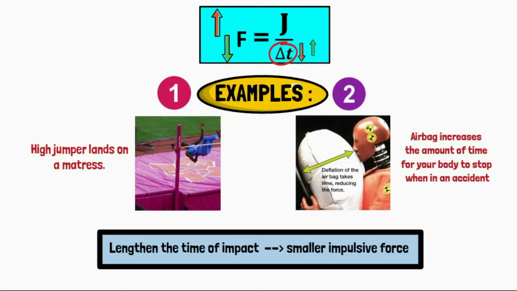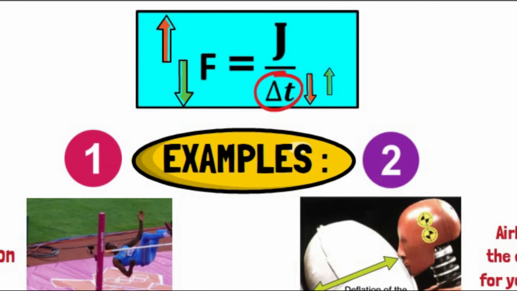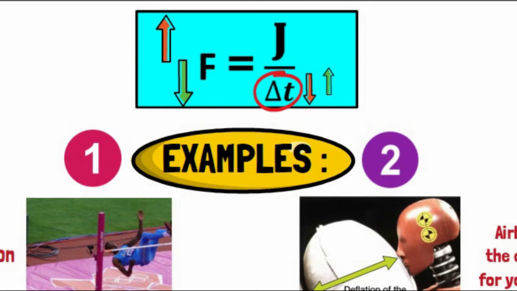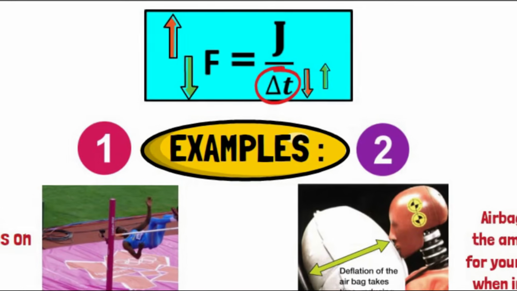Okay, boleh faham? Di mana when the time of impact delta T is smaller, the impulsive force akan jadi lebih besar. Tapi bila kita panjangkan the time of impact between two object masa collision, apa jadi pada impulsive force bila delta T besar? The impulsive force akan jadi lebih kecil. Okey?